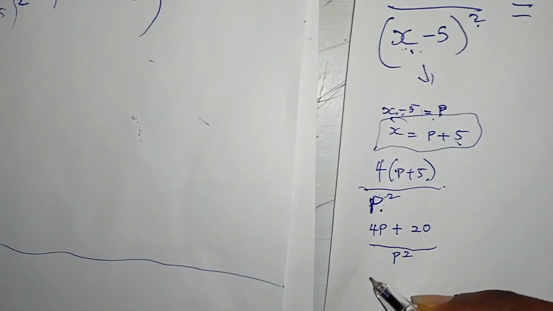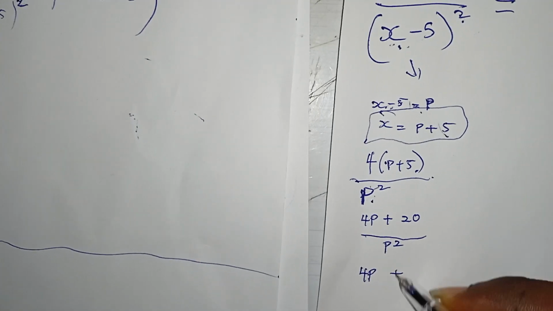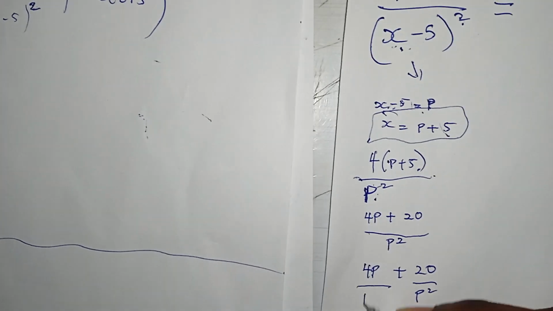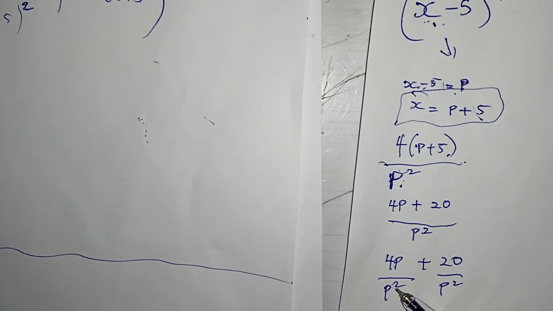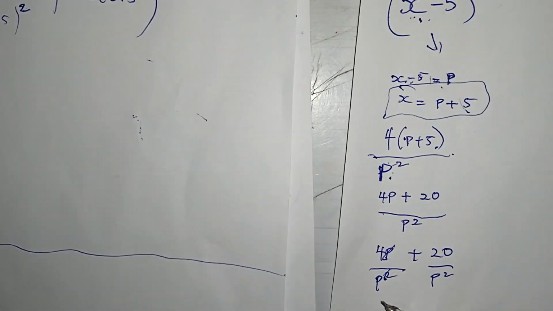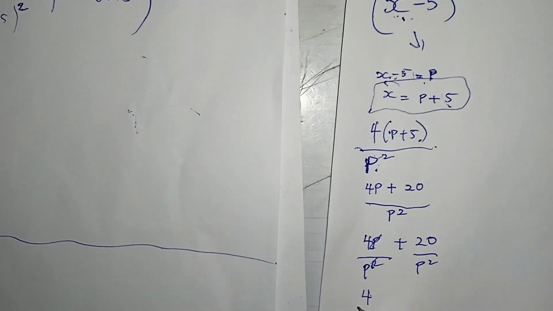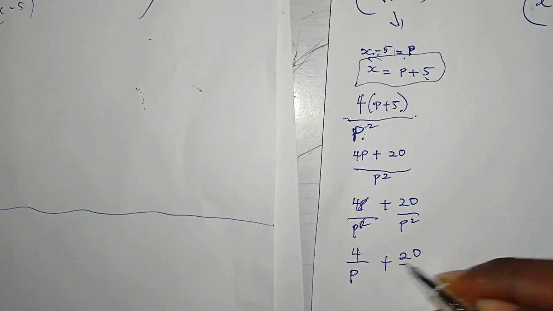You can agree that this is 4p plus 20 all over p squared. Now by the time we do this, the p cancels, so that we are left with 4 over p plus 20 over p squared.